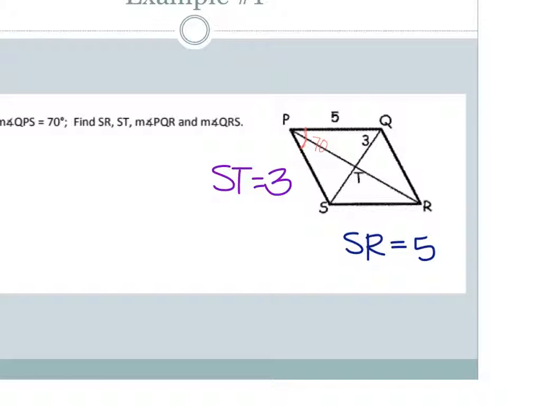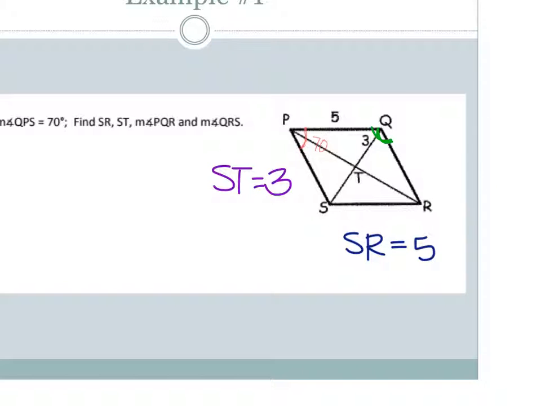Then it asked for the measure of angle PQR. Which one is angle PQR? Top right. Angle PQR is in the top right.